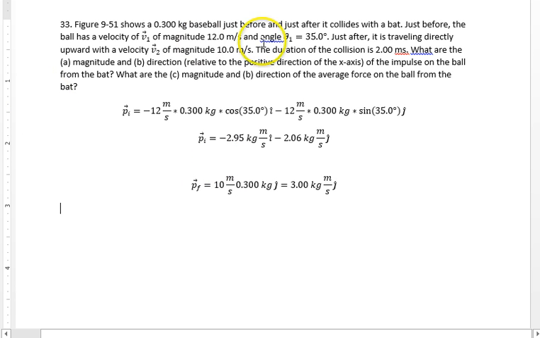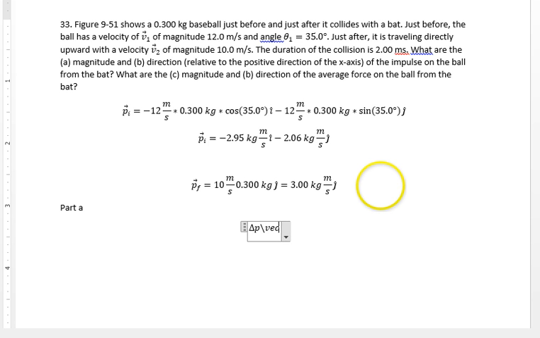So what's question A? What are the magnitude and direction of the impulse on the ball from the bat? Delta P vec is the impulse, right? The impulse is the change in momentum. And the impulse is just going to be P final minus P initial.